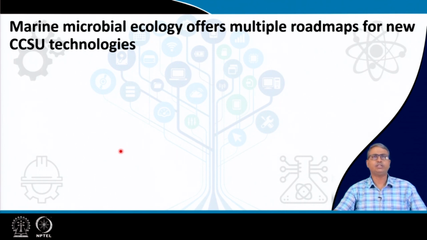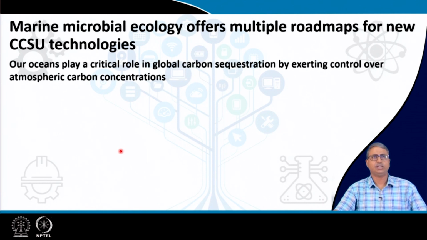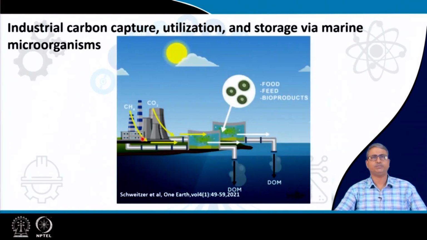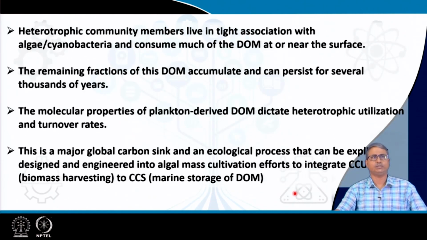Now, marine microbial ecology actually offers multiple roadmaps for new CCSU technology, because our oceans play a critical role in global carbon sequestration. Particularly, the marine microbiomes facilitate photosynthetic primary productivity, resulting in a large amount of dissolved organic matter, or DOM, being stored in our ocean. So, these can be harnessed so that more and more carbon dioxide can be converted into DOM by the microorganisms present in the ocean. It could be by the heterotrophic community members.